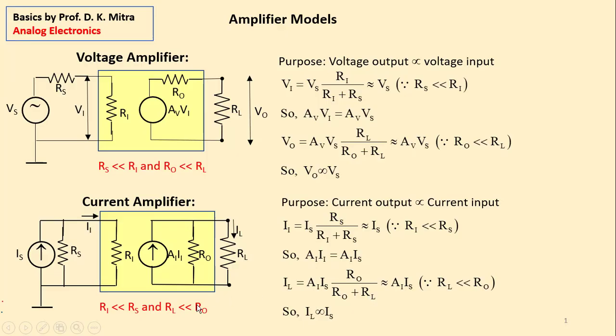Once again, Ro is much bigger than RL. So this RL gets ignored. So this factor becomes almost equal to 1. So this becomes equal to AIIS. So what do we get? Load current IL is proportional to source current Is. So this was the purpose of this amplifier.